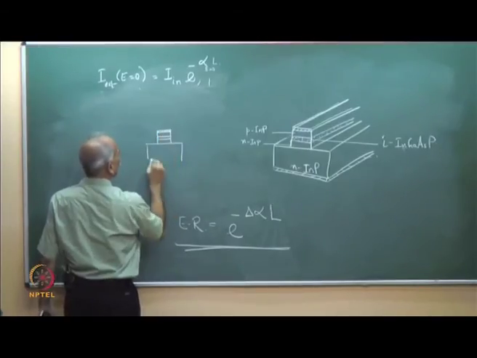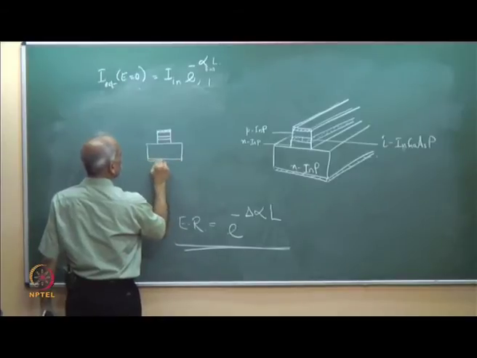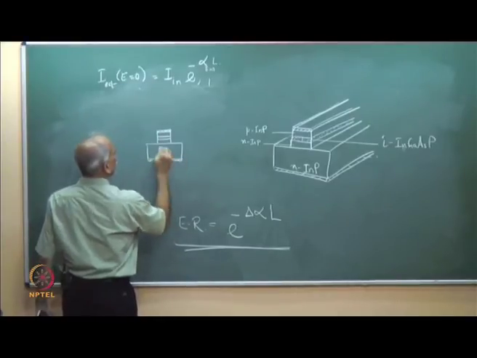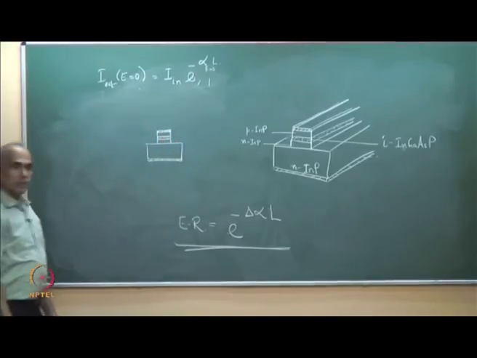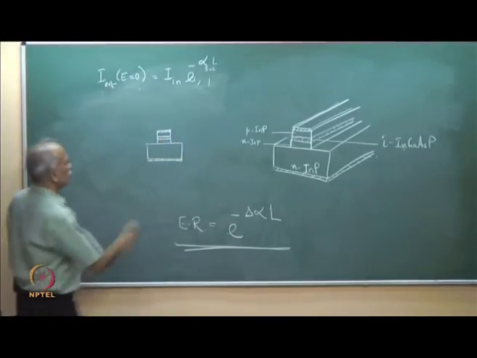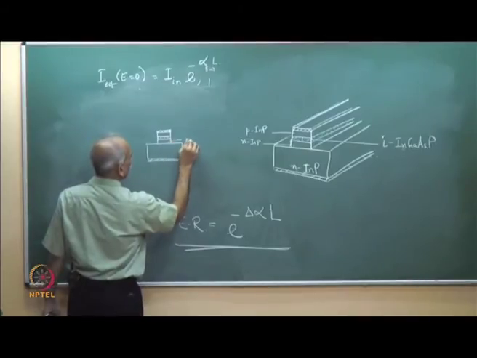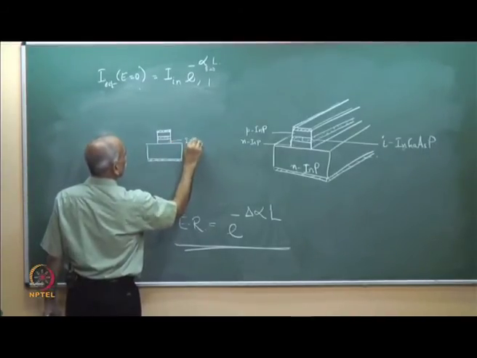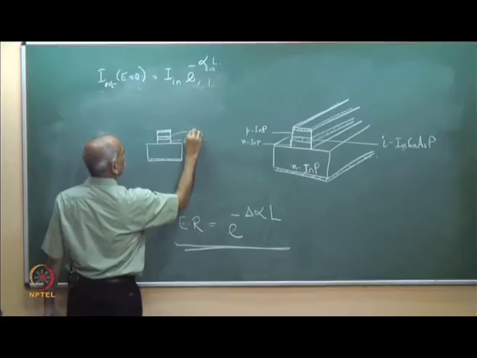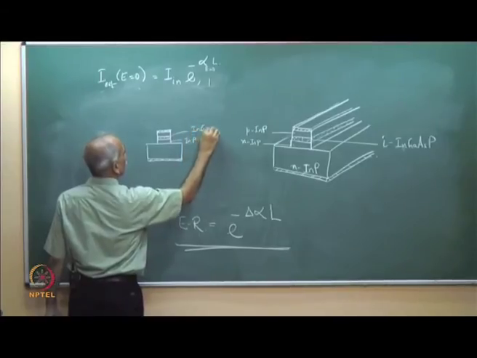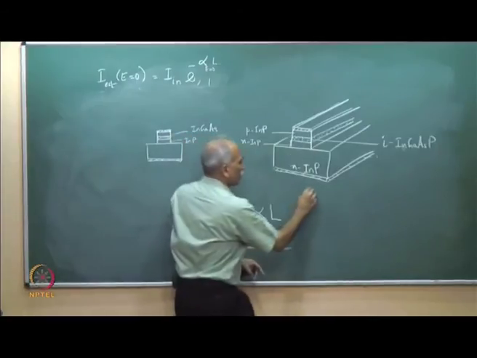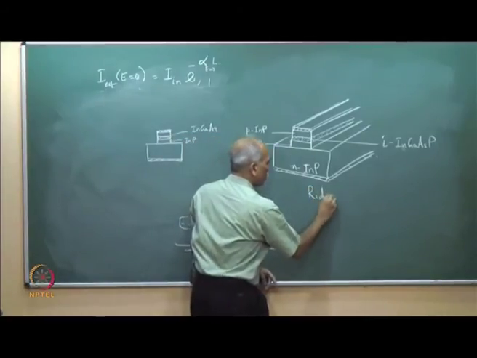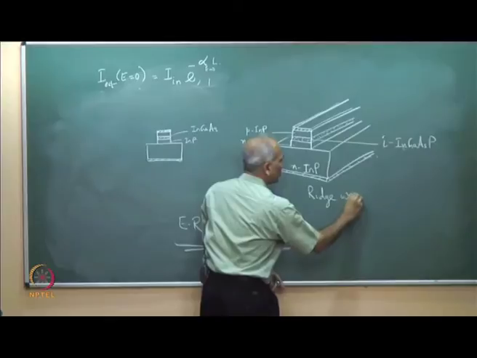This is the contact, this is the bottom contact, and here this is indium phosphide and this is indium gallium arsenide. This is a ridge waveguide, it is called a ridge waveguide structure.